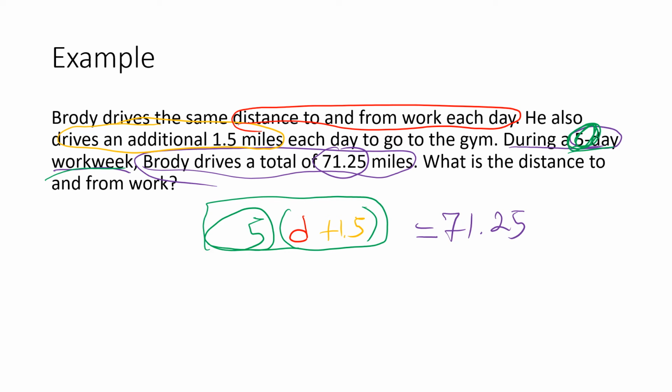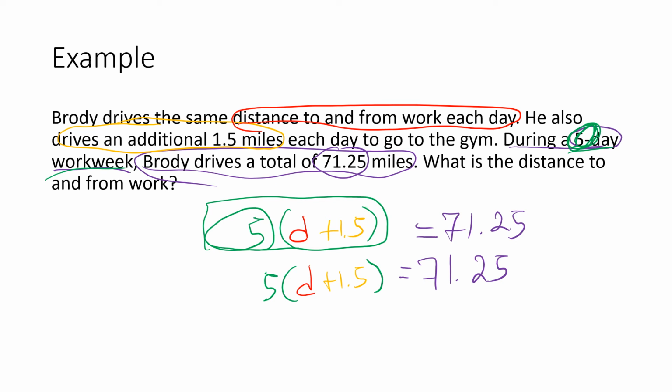So let's rewrite that. That is 5 times the distance to and from work plus the additional 1.5 miles to the gym. And that happens 5 times, and at the end of the 5-day week, he's driven 71.25 miles. So there's our equation.